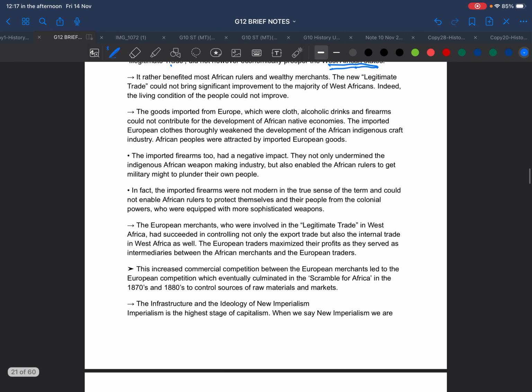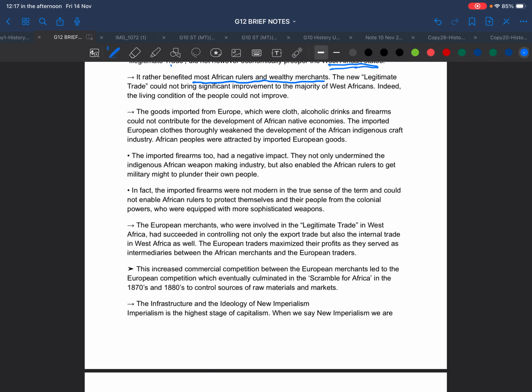It also benefited most African rulers and wealthy merchants, not the ordinary people, those who had much more attachment to European merchants.